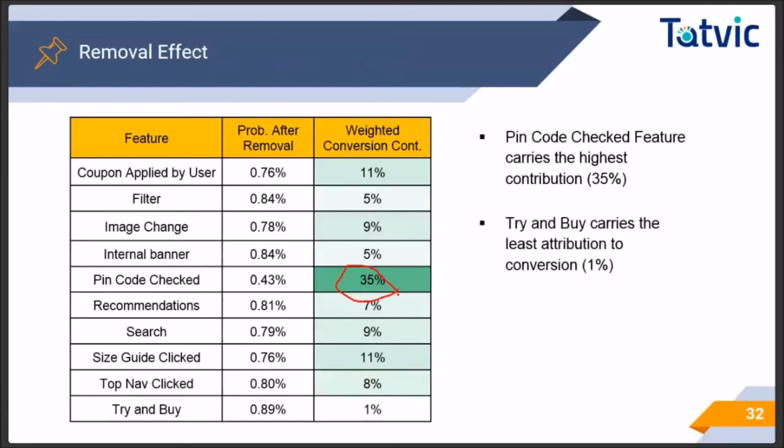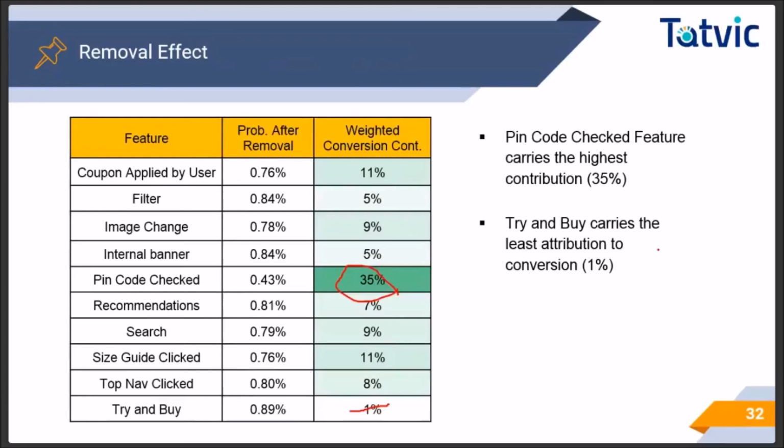Let's see for a negative feature. That's like try and buy. It is like 1%. So the try and buy feature is actually carrying the least attribution, which is also good for some businesses that have very low economies of scale, because they would not like to use try and buy.